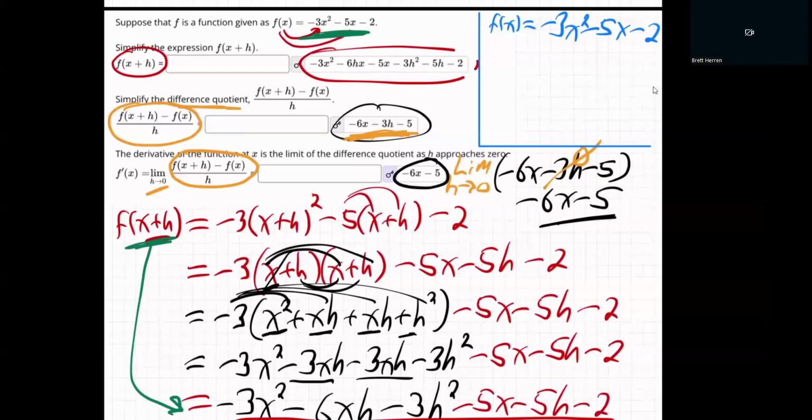You might already know this. And you take the power and you just multiply it down to the front. Minus 6x, like that. And then the other parts, the x you get rid of, the minus 2 you get rid of, and just bring in the minus 5. Boom. And there it is. Look at that.